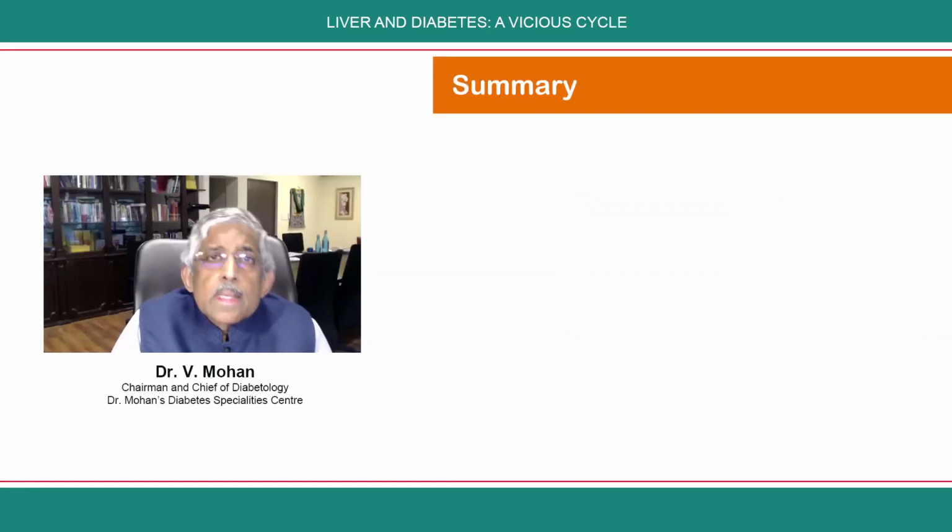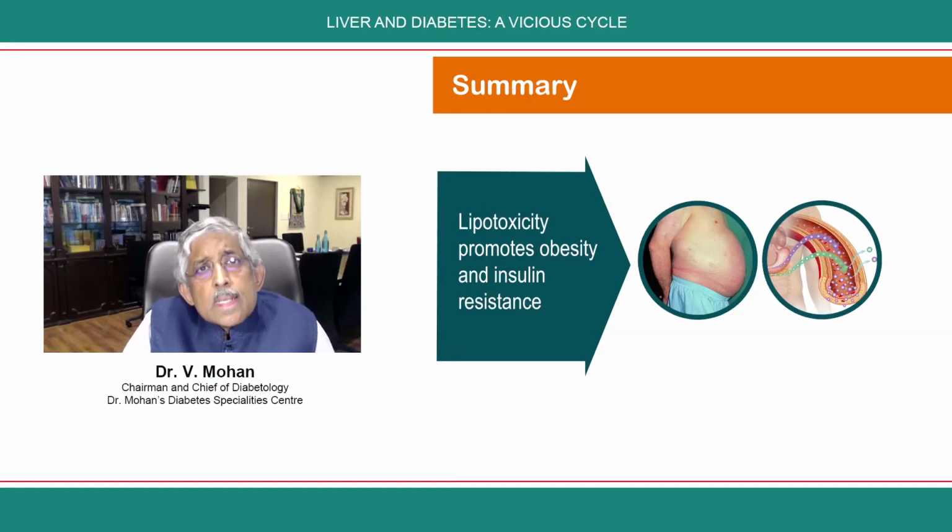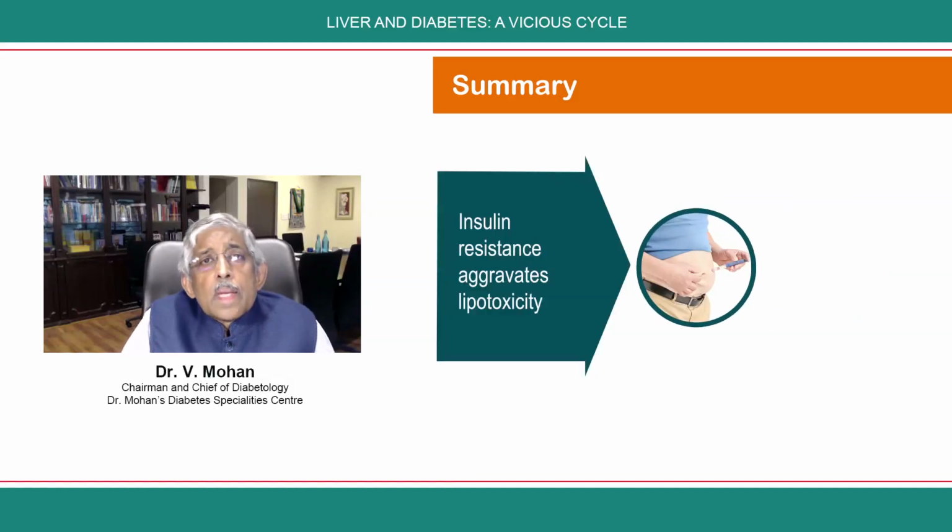Now, to summarize, lipotoxicity promotes inflammation and insulin resistance. This can lead to both diabetes as well as to fatty liver. Insulin resistance is something which aggravates this lipotoxicity, and this insulin resistance is usually due to obesity, an increase in weight, and uncontrolled diabetes, which can produce insulin resistance.